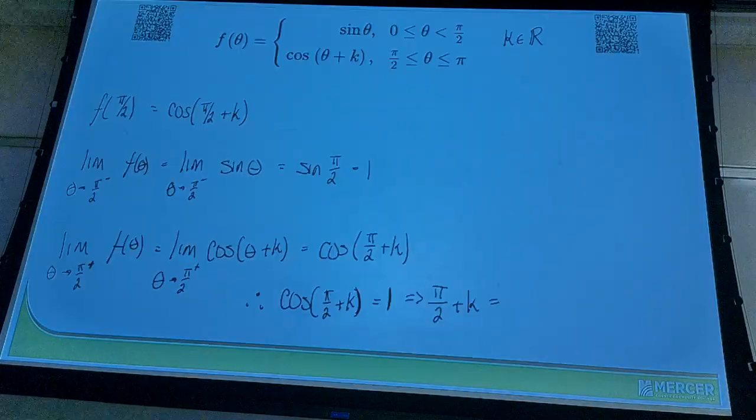But what's one full revolution? 2 pi. So you would add 2 pi or subtract 2 pi to get a coterminal angle, or any multiple of 2 pi.